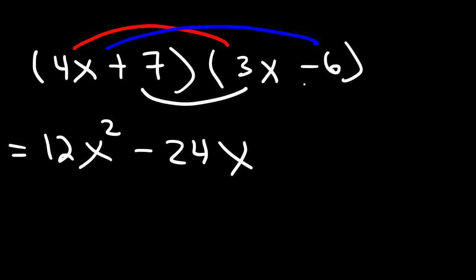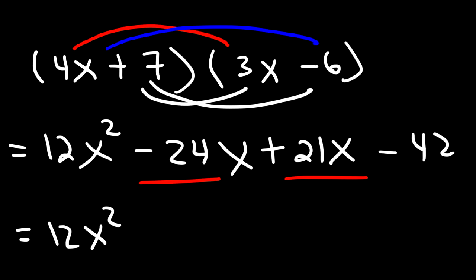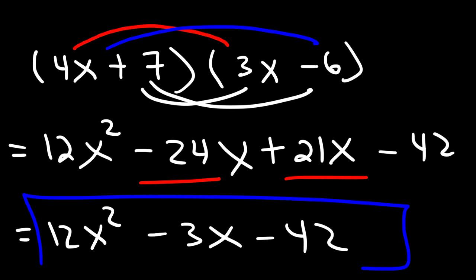And then 7 times 3x, that's positive 21x. And then 7 times negative 6 is negative 42. And then combine like terms. Negative 24x plus 21x, that's going to be negative 3x. And so this is our answer.